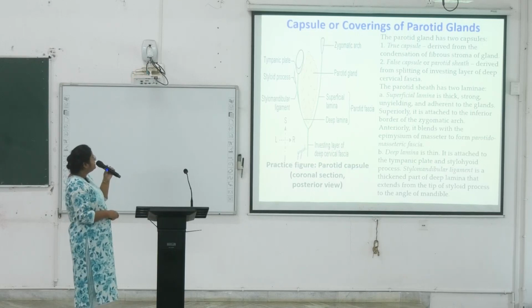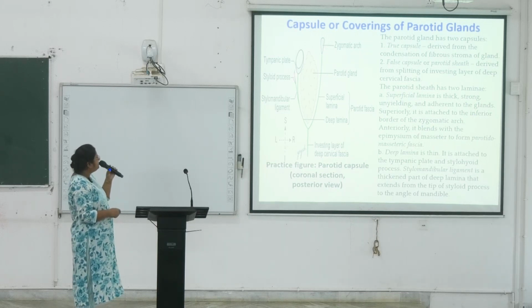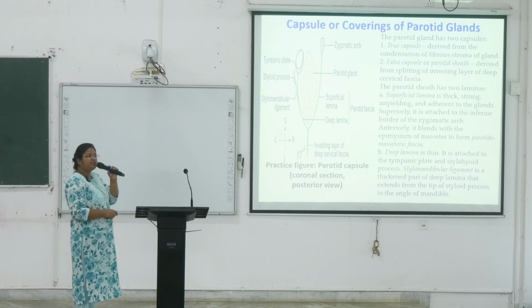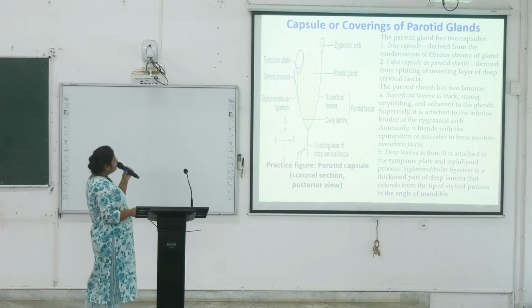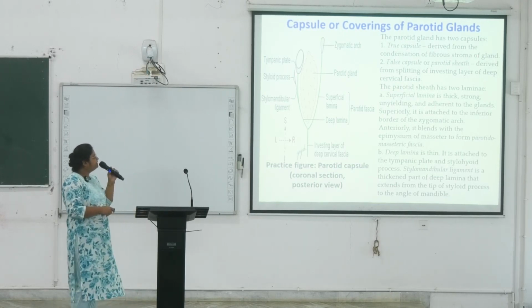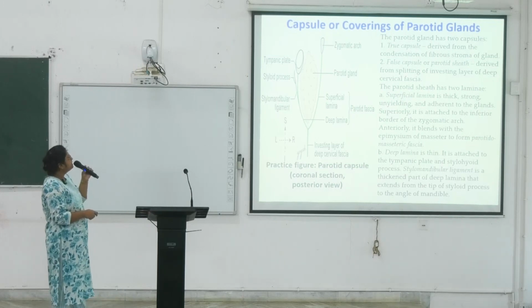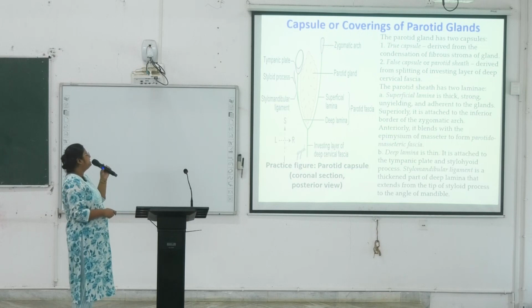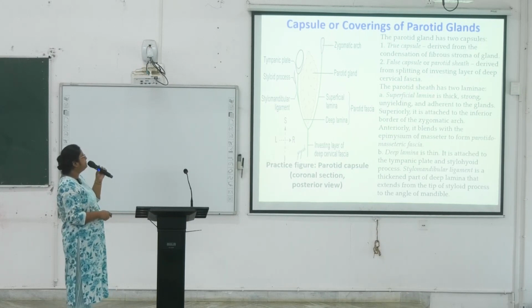Okay. See the attachments. This superficial lamina is attached to the zygomatic arch and this deep lamina is attached to the lower margin of the external acoustic meatus or tympanic plate and styloid process. So the false capsule or parotid sheath is derived from splitting of the investing layer of deep cervical fascia and has two laminae.